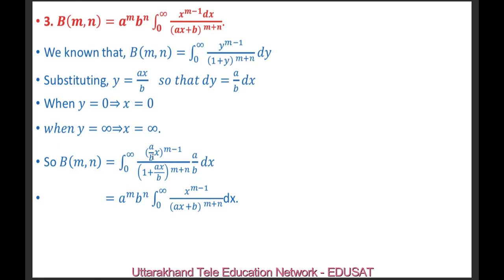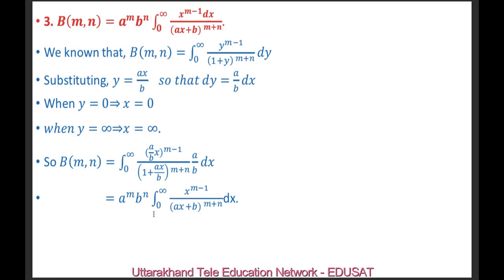This b is in the denominator, so it will go in the numerator, and b^(m+n) is in the denominator. So it will be b raised to m plus n minus m plus 1 minus 1.